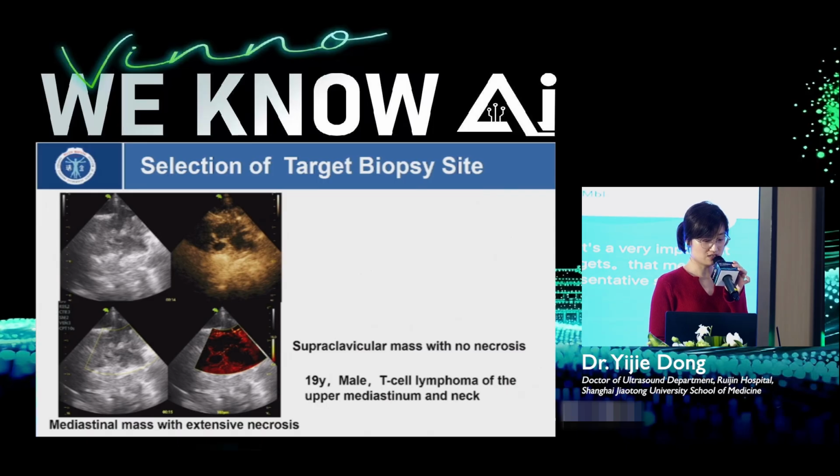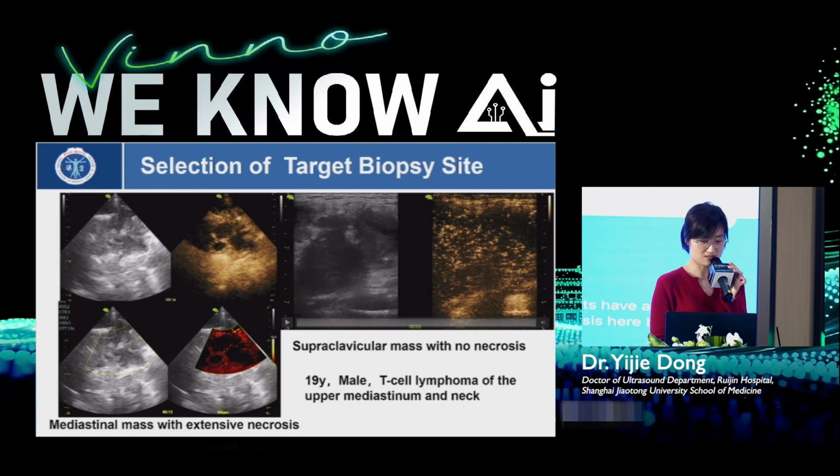In this big mass, we can see a lot of necrosis. But in the cervical parts, there's no necrosis and there is high blood supply. We think this part can represent the whole disease progression, so we choose this place to do the biopsy.